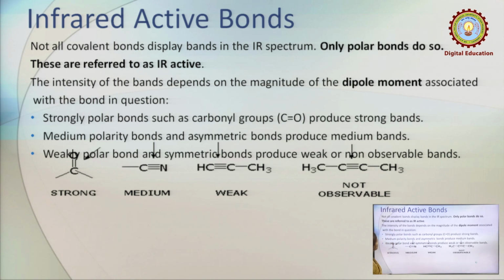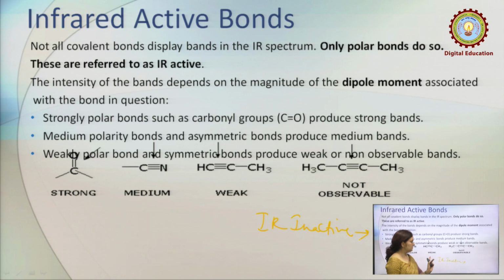IR active bonds: not all covalent bonds display bands in the IR spectrum, only polar bonds do so. These are referred to as IR active bonds. In the same way, IR inactive means those molecules which, when placed in the IR radiation range, show no change in their dipole moment.